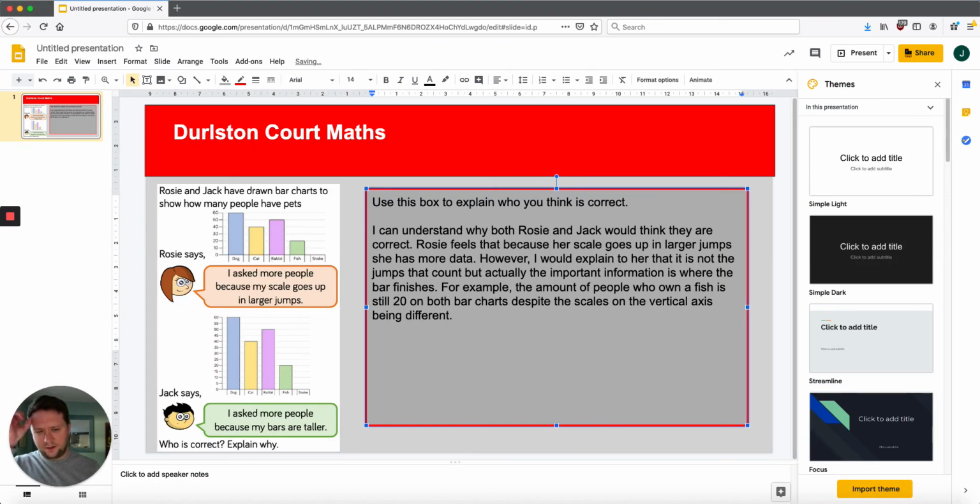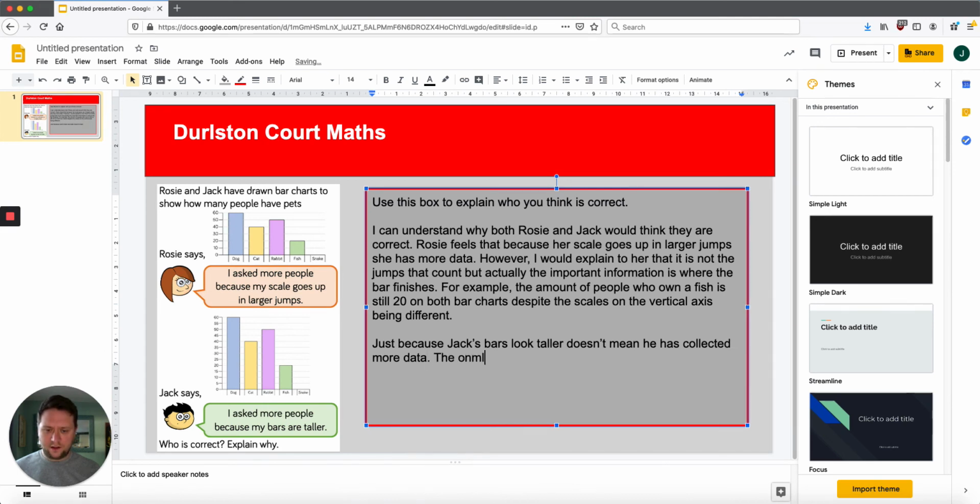Okay, let's now have a think about Jack. Just because Jack's bars look taller doesn't mean, get my punctuation correct, doesn't mean he has collected more data.